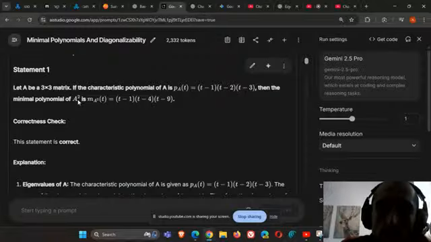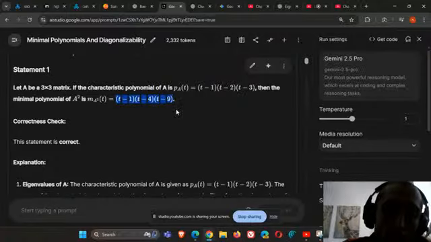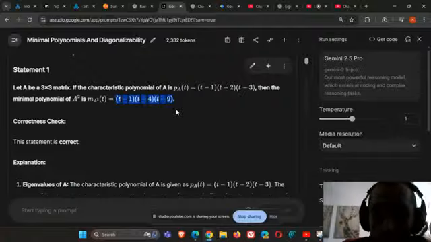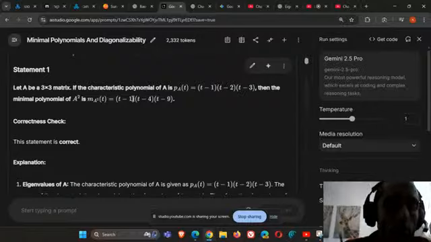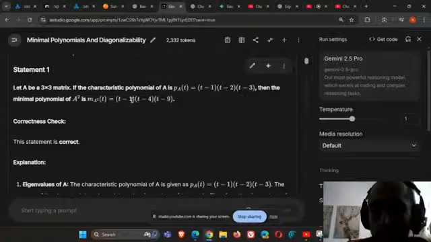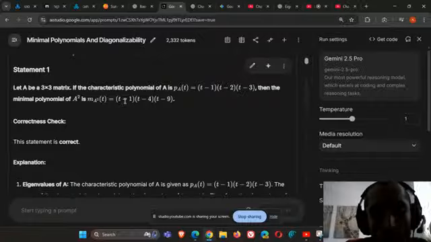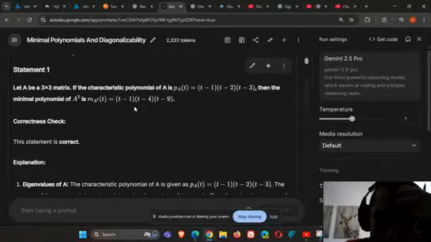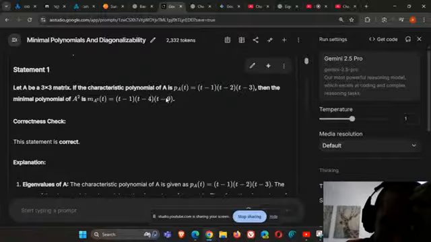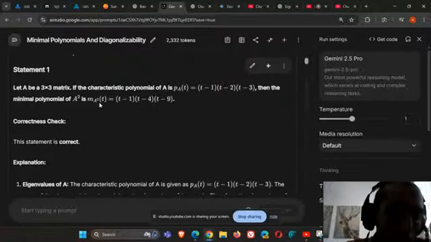There cannot be any more, and therefore this is really the characteristic polynomial of A squared. But because every term is to the power of 1, and the minimal polynomial must divide the characteristic polynomial, it should have at least every term to the power of 1, so it must be the minimal polynomial because you cannot remove any term. So this is really the minimal polynomial of A squared.